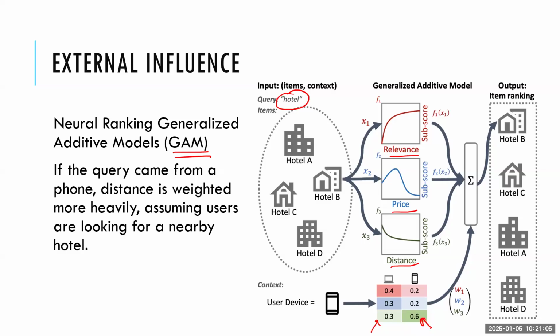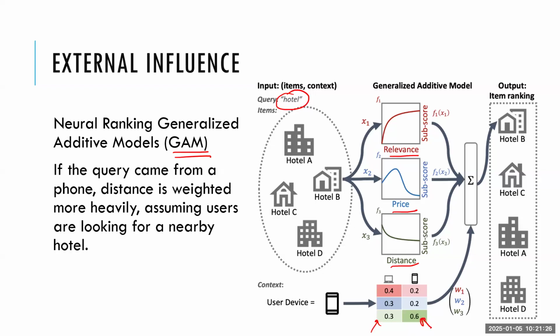And this is important because if you search using your computer, you are more likely looking for a hotel with a good price because you're not in a hurry, right? You are at home, you use your computer.